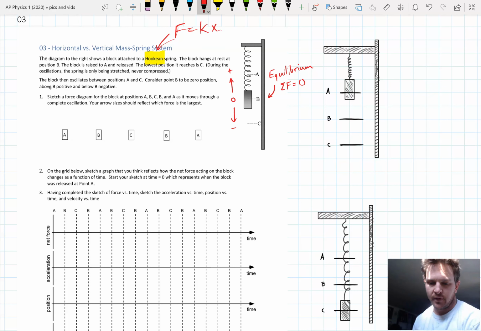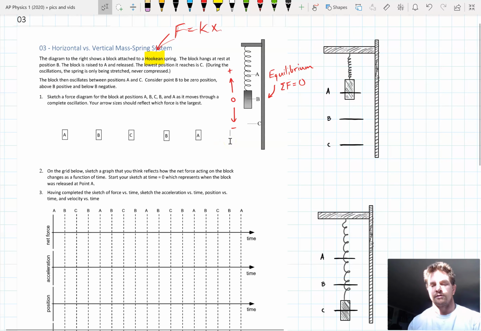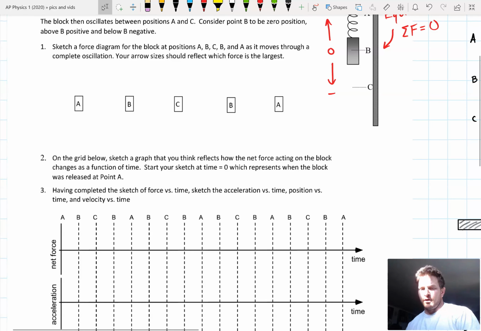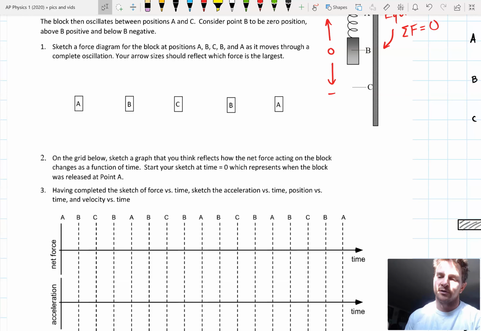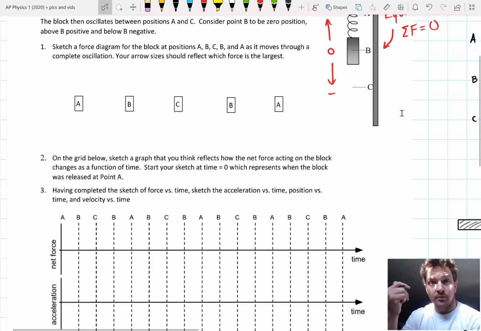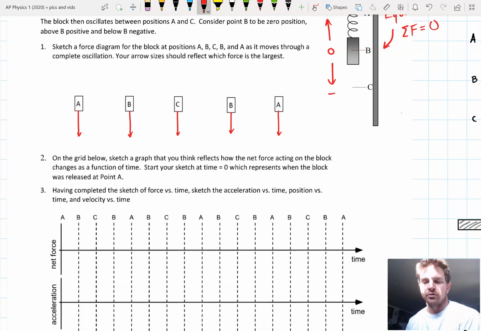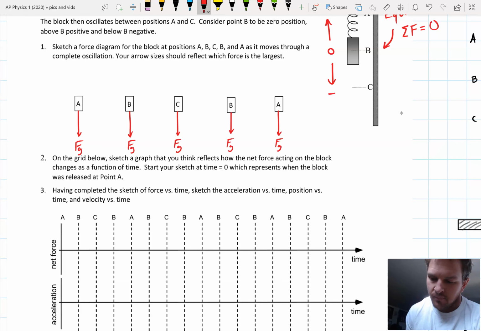All right. First part: sketch a force diagram for each of the positions. It's the same block that's attached to the spring the whole time, so right away I know the force of gravity on each one is going to be the exact same, because the object's not changing. We draw those vectors the exact same length and label them force of gravity.